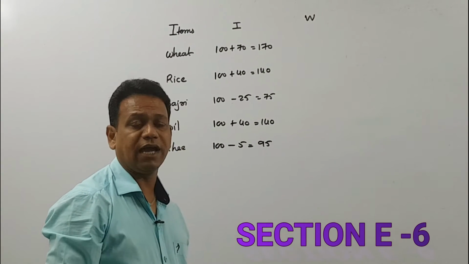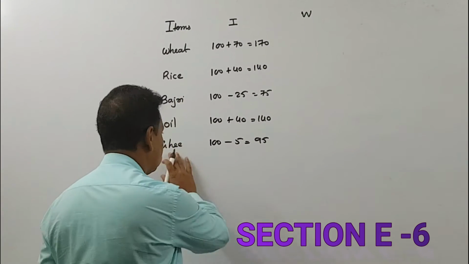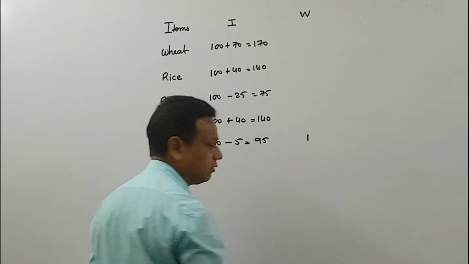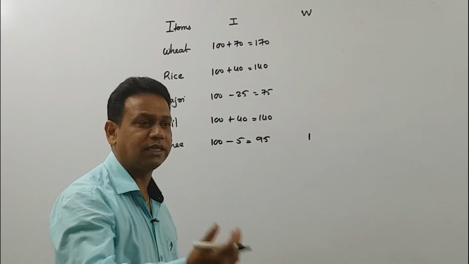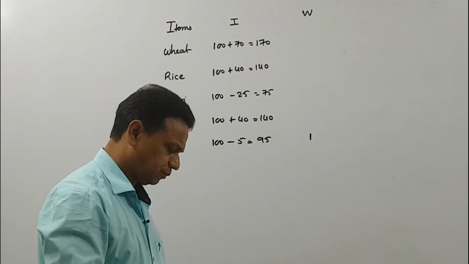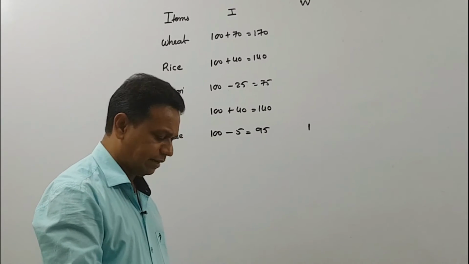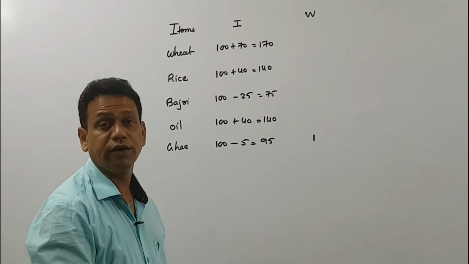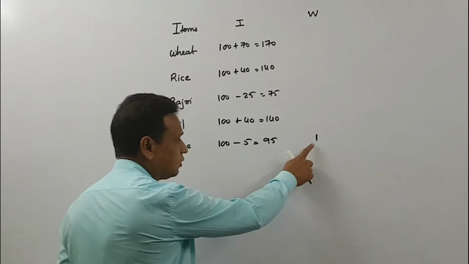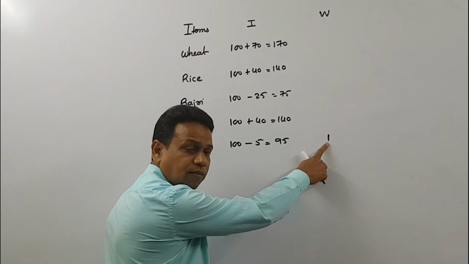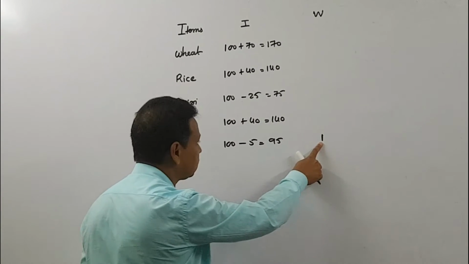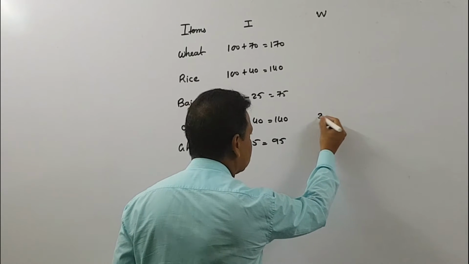We don't have the importance of ghee, so we assume it as 1. And now you have to apply the sentence. The importance of oil is 3 times. So the importance of ghee is 1 and the importance of oil is 3 times, so 1 into 3 is 3.